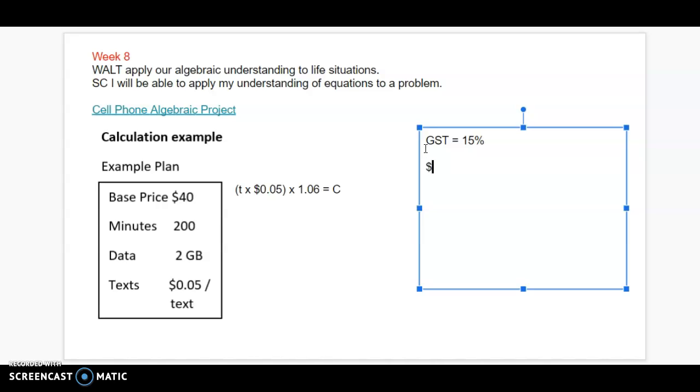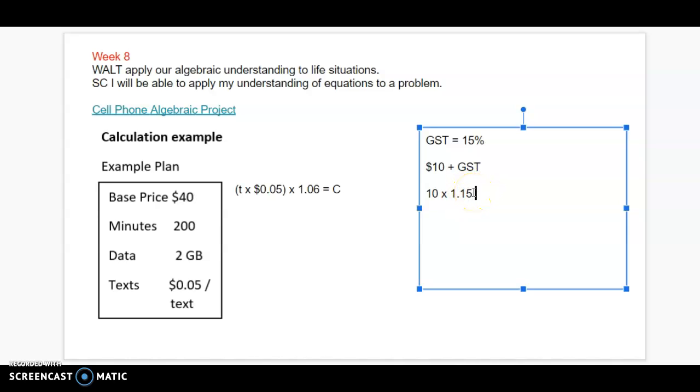So if I was buying something for $10 and I had to add GST, to calculate it, I would go 10 times 1, so that's the 1 of the $10, plus the 15%.